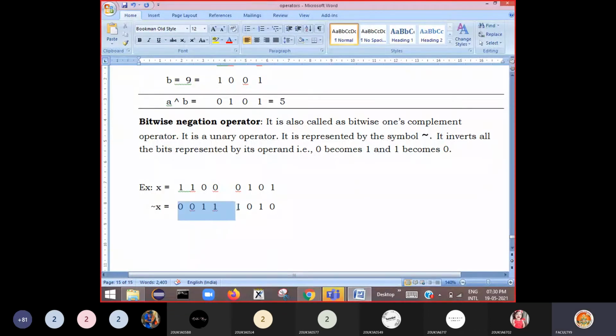This is the result you will get here. One's complement, bitwise negation operator, or you can also call it as one's complement operator. Clear?